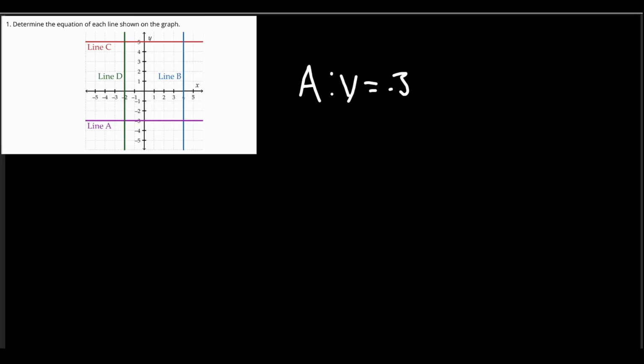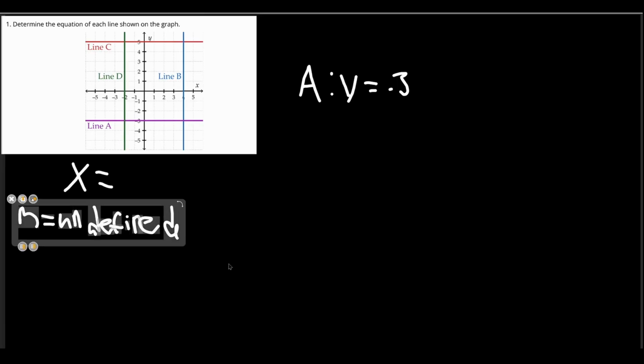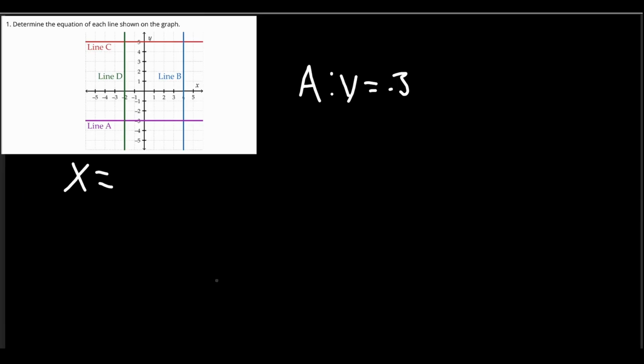And the thing about vertical lines is that they come in the form of x is equal to some number, because the slope of a vertical line is undefined. So, since it's undefined, we can't just use the normal y equals mx plus b because we can't really write undefined here.